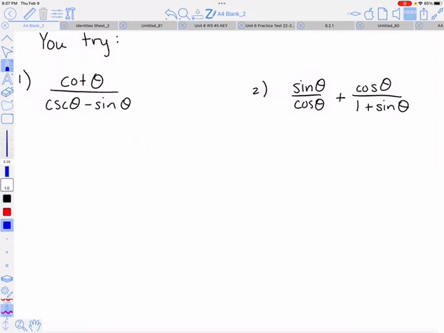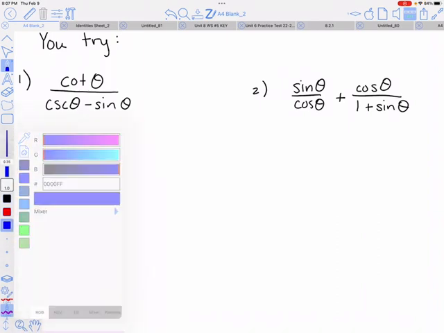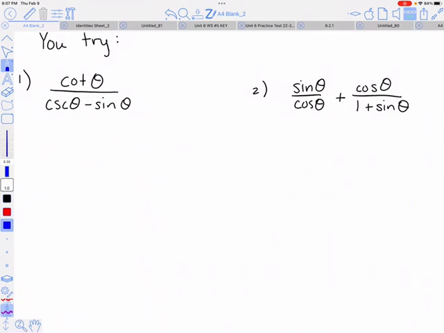All right. So, the first one, you may not know where to start, and that's fine. You're not always going to know. So I'm going to start by using that first tip, rewriting everything in terms of sine and cosine. So I have a cotangent that I can write as cosine over sine. That's the quotient identity about cotangent.